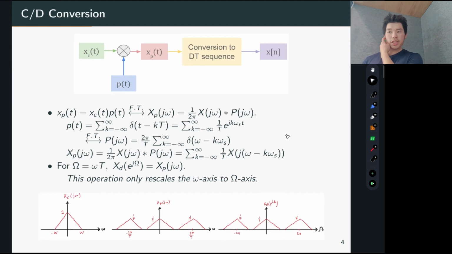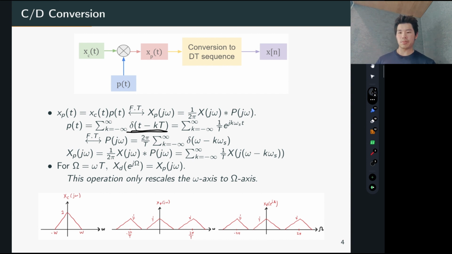And so the first step is the continuous to discrete conversion. We're going to use something called an impulse train, which is denoted here as p(t). x_p(t) is obtained by multiplying x_c(t) with p(t), and p(t) is basically an impulse train. Like the name implies, it is a summation of delta functions shifted by the sampling period itself.